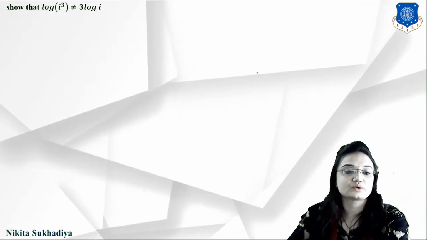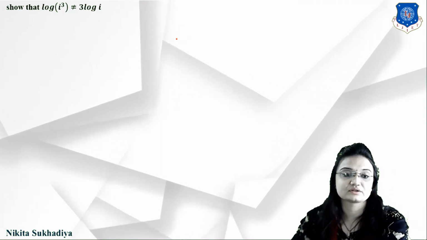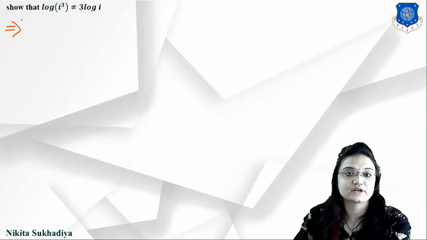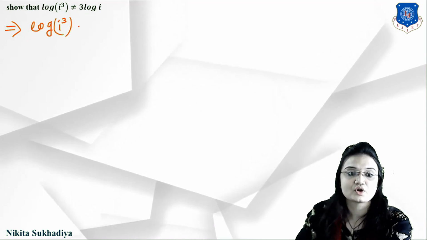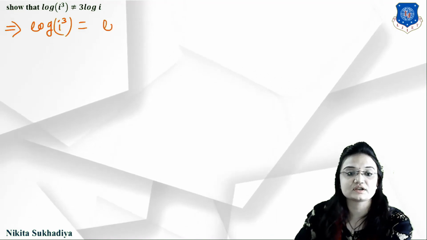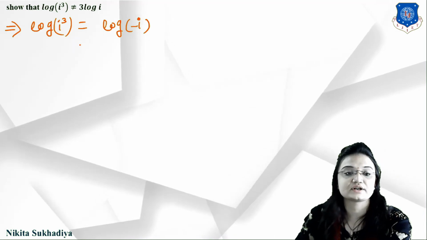Okay. Now next is show that log of i cube is not equal to 3 log i. First of all take the LHS, that is log of i cube. Log of i cube is nothing but log of minus i, which we have studied already.